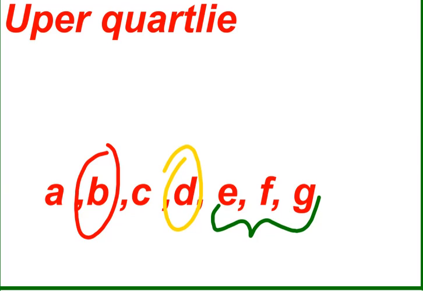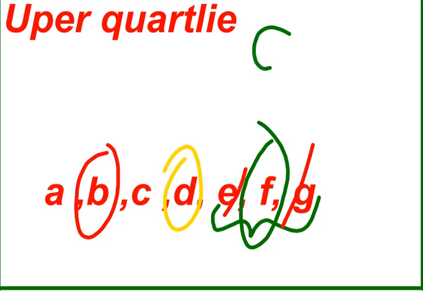So looking for our middle number, we cancel from both sides, and we see that our middle number in our third quartile is F. So our upper quartile is F. That's our middle number. So that's Q3.